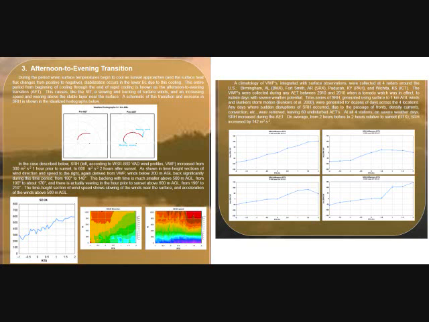Now, in this one case example I show here, looking at the storm relative helicity during part of the AET, from 1 hour prior to sunset to 2 hours after sunset, it increased from 300 to 600. So basically a doubling of 0 to 1 kilometer storm relative helicity.